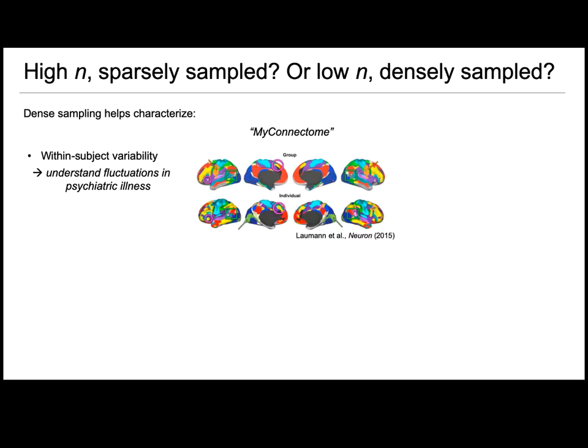And so the first study to try and do this was this work by a researcher named Russ Poldrack, and he started this MyConnectome project where he scanned himself I think upwards of 100 times over a period of 18 months.